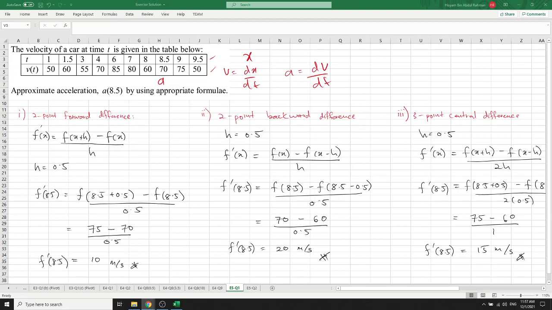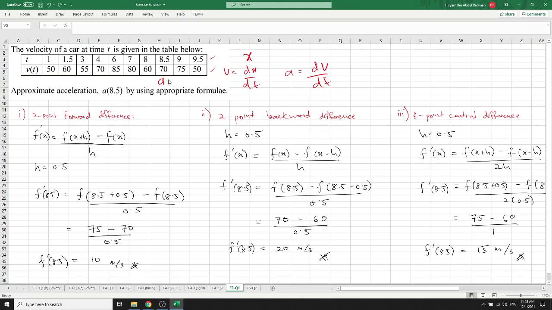In numerical methods, there are 5 methods. One of them is the 2-point forward difference. Since they use 2-point forward, forward means the point and also the forward point.